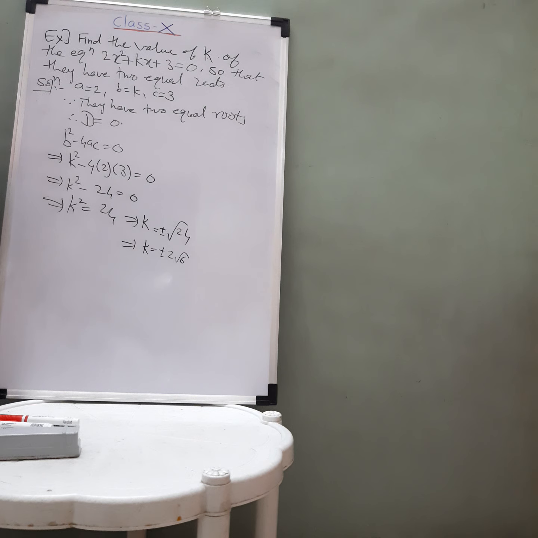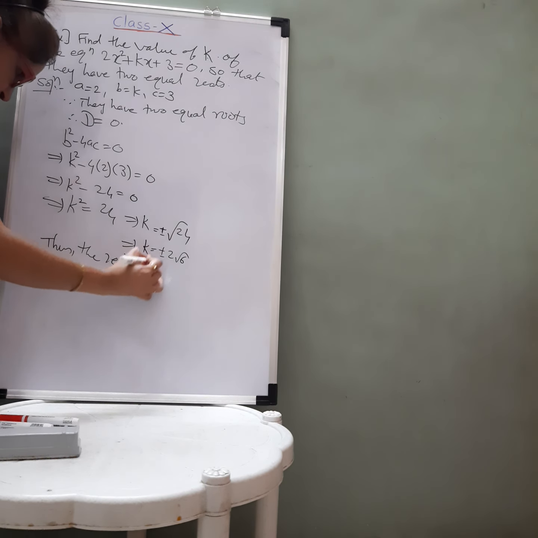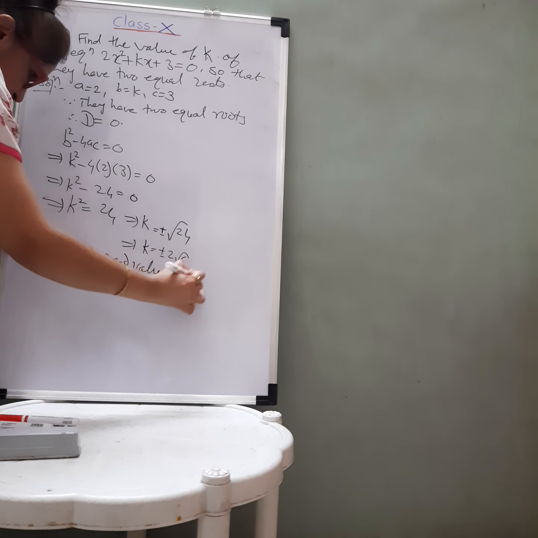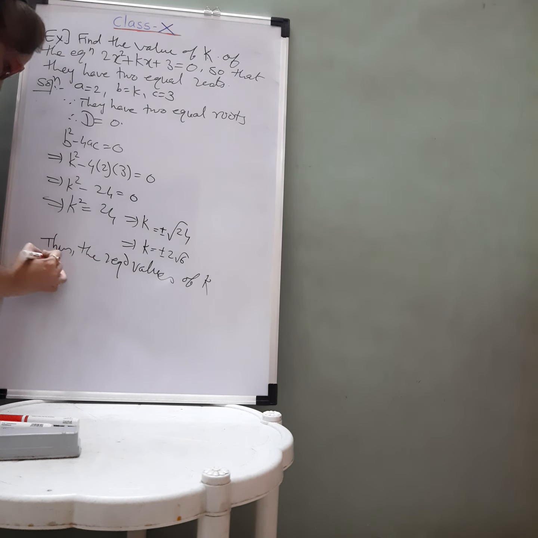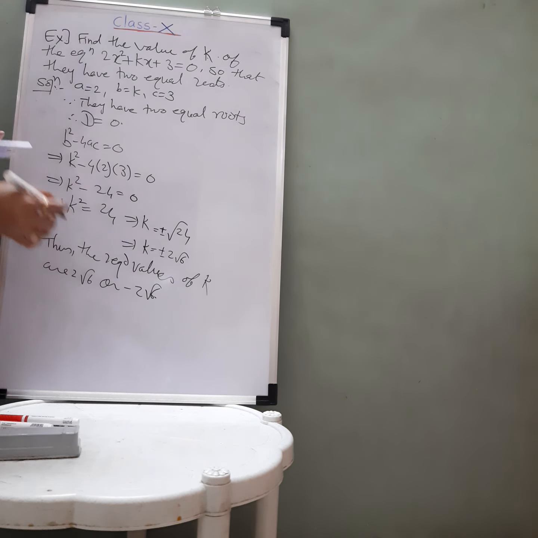Thus the required values of k are 2 root 6 or minus 2 root 6.